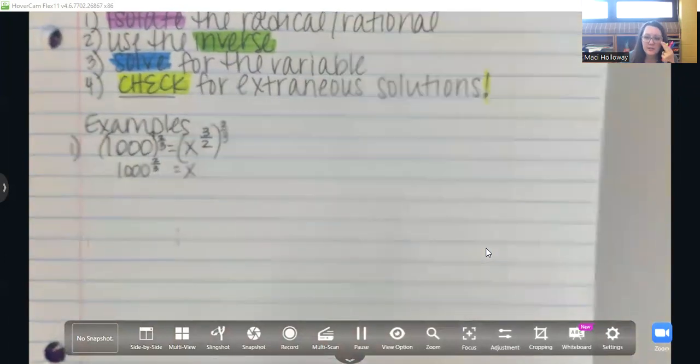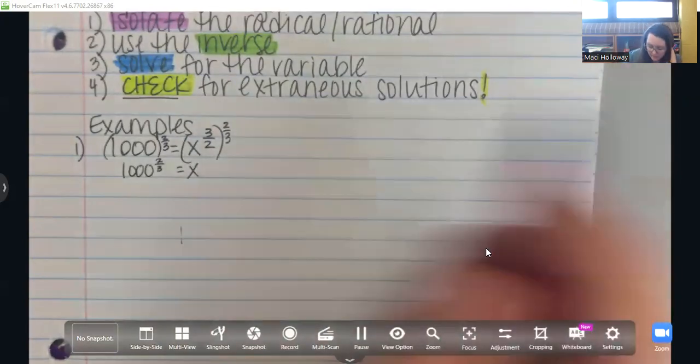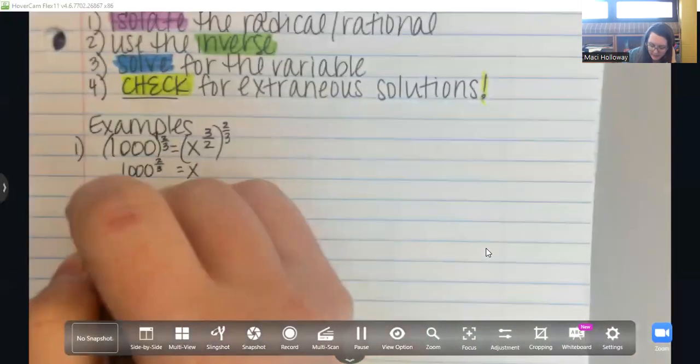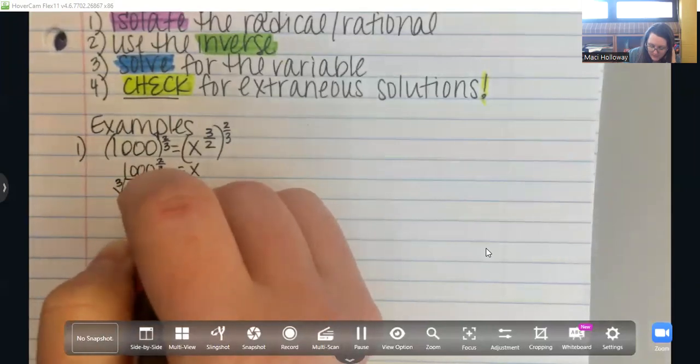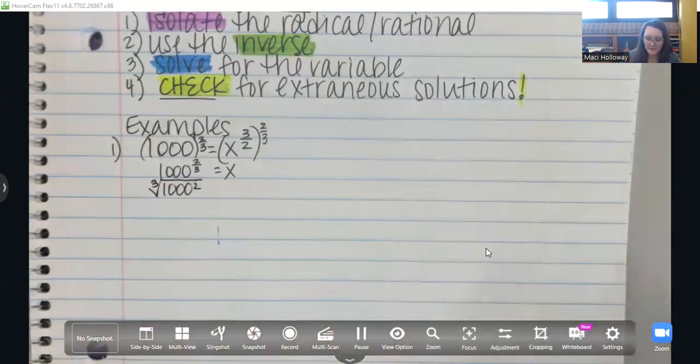A couple of different things you can do here. You can plug it into your calculator, or we can solve it by hand. I'm going to use my rational exponent to radical steps and write it as the cubed root of 1000 squared.